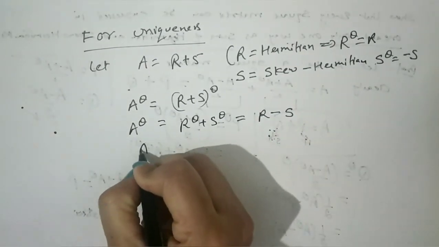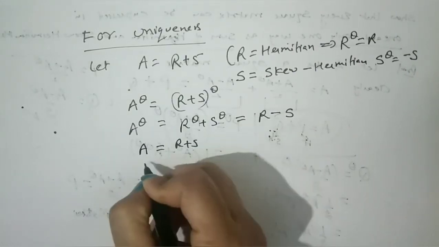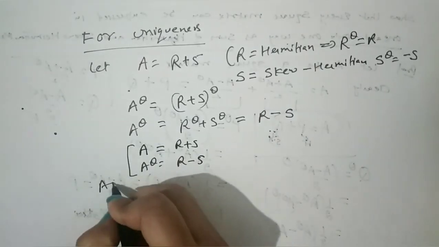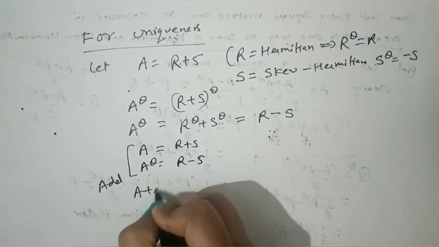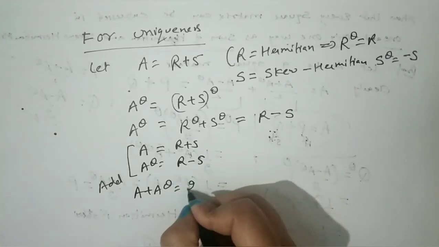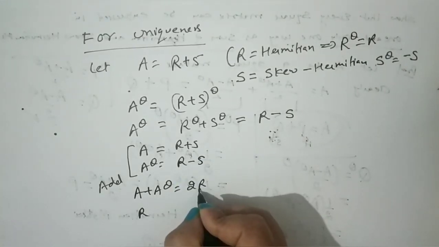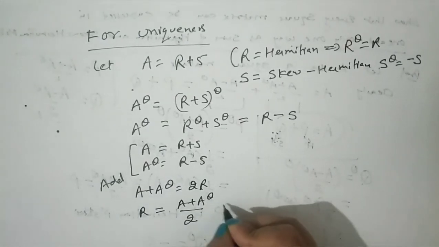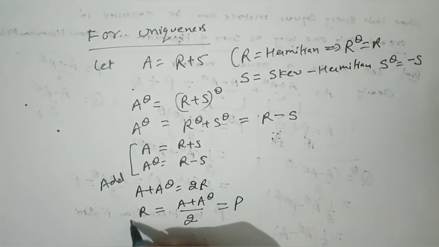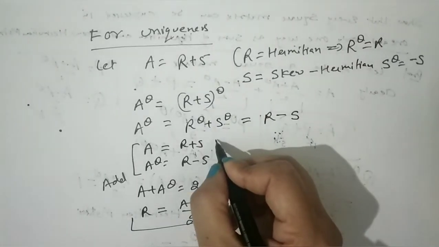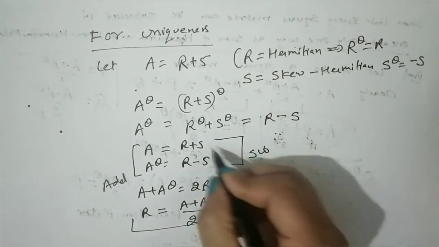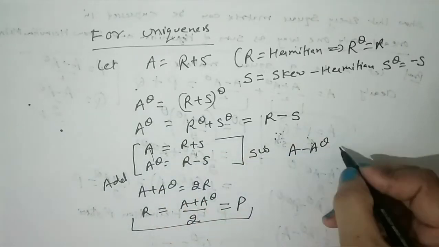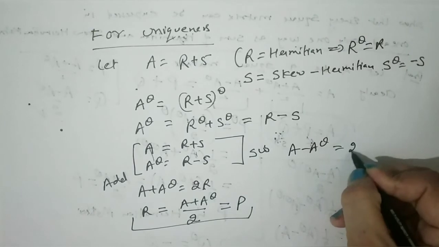Now we get two equations: A is equal to R plus S and A theta is equal to R minus S. If we add these two, we get A plus A theta equal to 2R. That means R will be A plus A theta upon 2, which is nothing but the value of P that we have taken earlier. Now again, if we subtract these two equations, we get A minus A theta. R will cancel, and S plus S will be 2S.